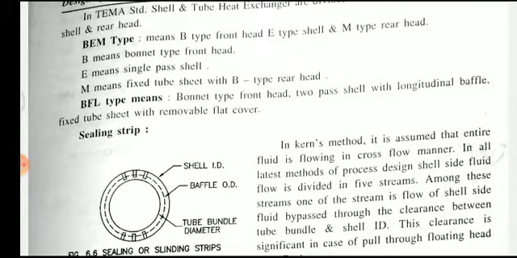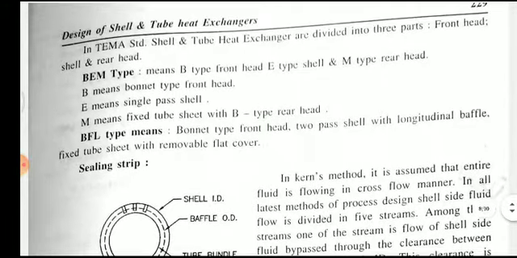In the TEMA standard, shell and tube heat exchangers are generally divided into three parts: front head, then second is shell, and rear head.